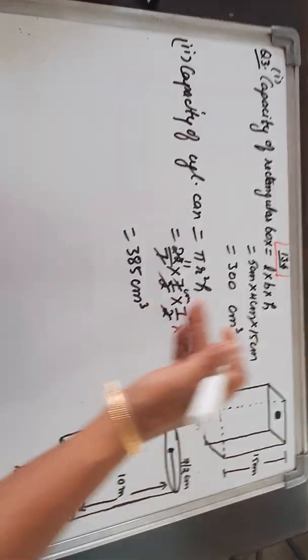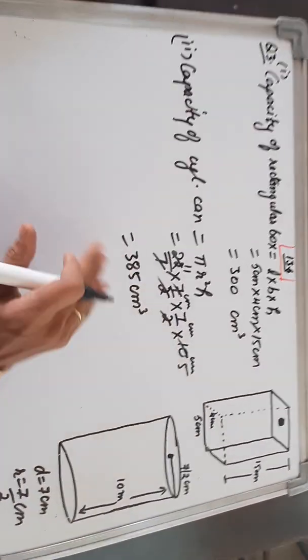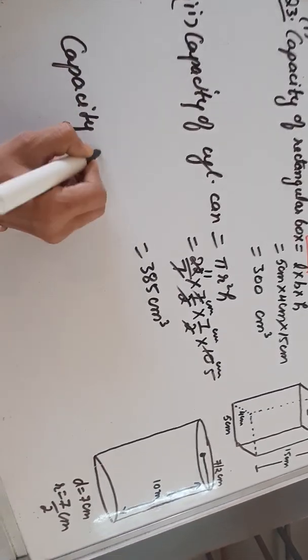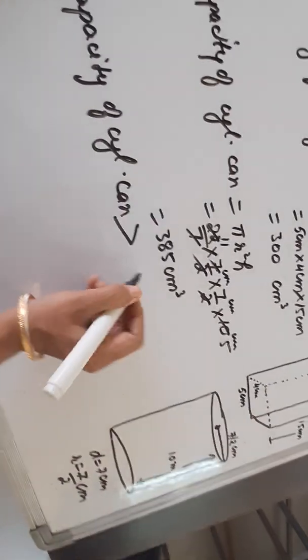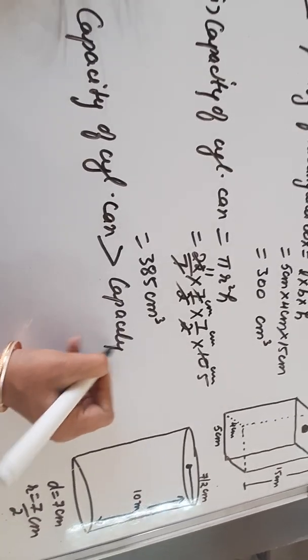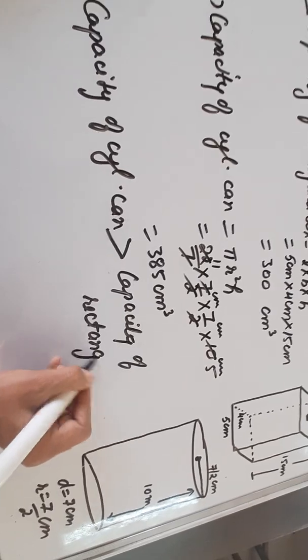So can you tell me which can is having the greater capacity? Yes, the capacity of the cylindrical can is greater than the capacity of the rectangular can.